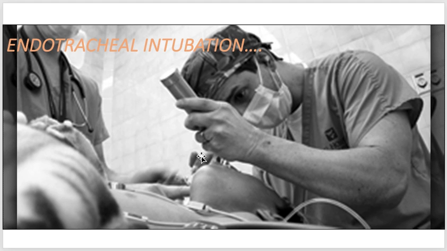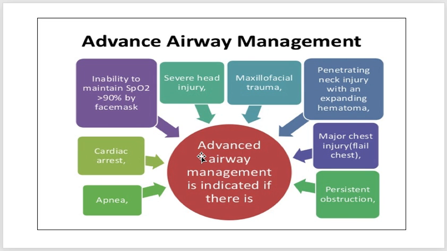Now, these are the places where advanced airway management is needed: anyone with apnea, cardiac arrest, inability to maintain oxygen levels on face masks, severe head injury, maxillofacial trauma, penetrating neck injury with expanding hematoma, major chest injury like flail chest, I will explain this, and persistent obstruction.